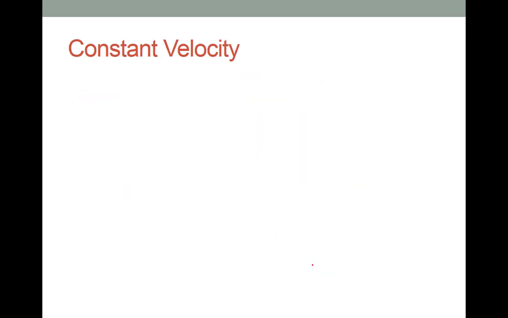Now let's think about the constant velocity case. Redrawing my free body diagram just because it's good to have it to refer to. Here, acceleration equals 0. Well, I said in the last slide, let your positive direction be the direction of the acceleration. Well, there is no acceleration, so it doesn't matter. Choose a positive direction. I'm going to choose downward. So F net equals ma.